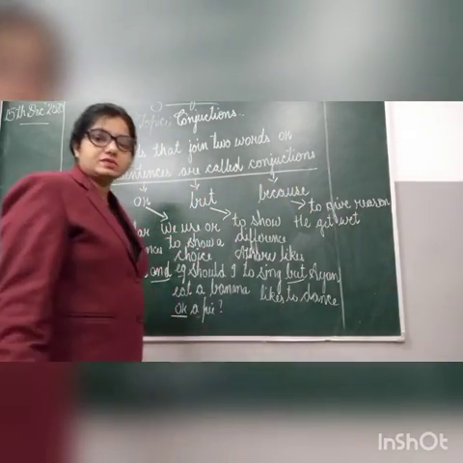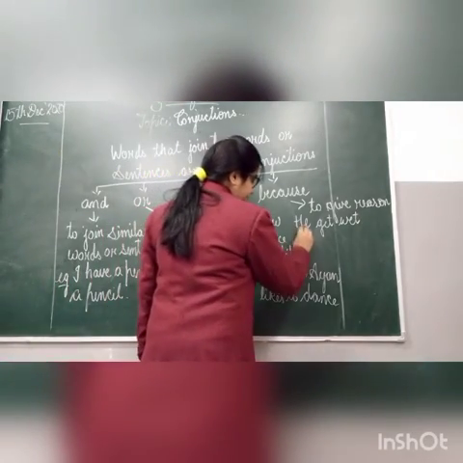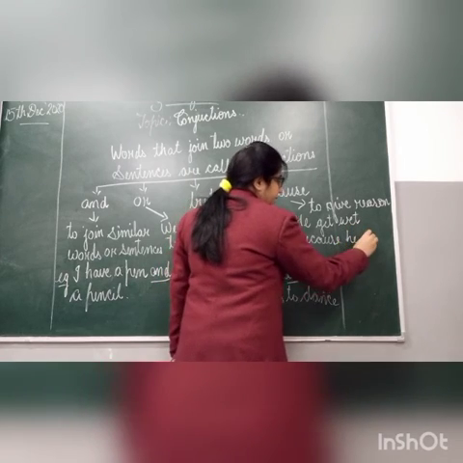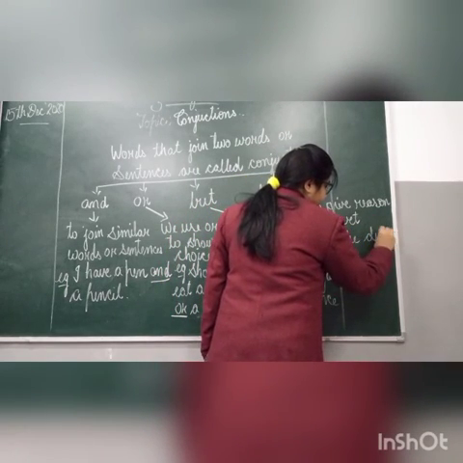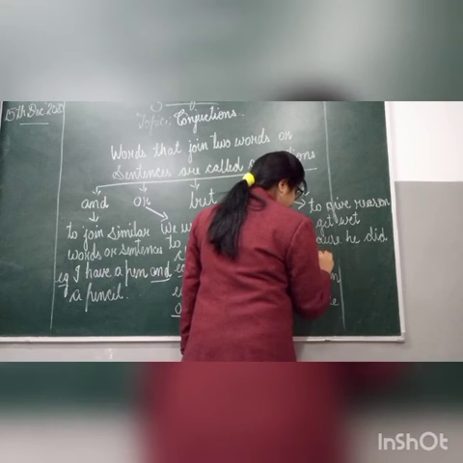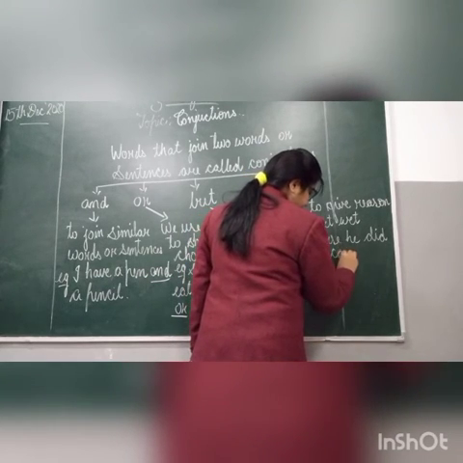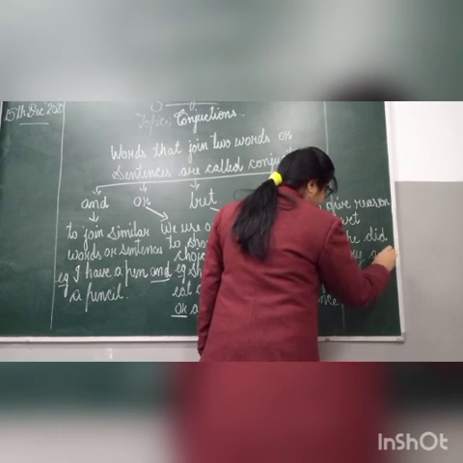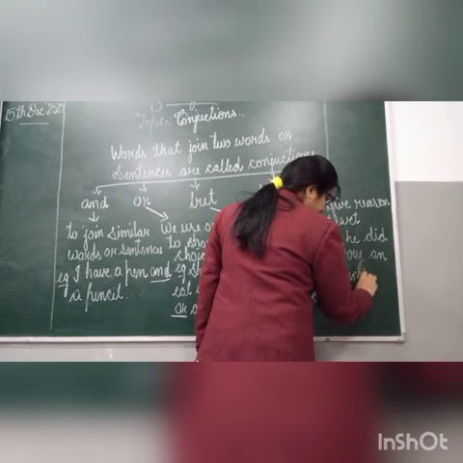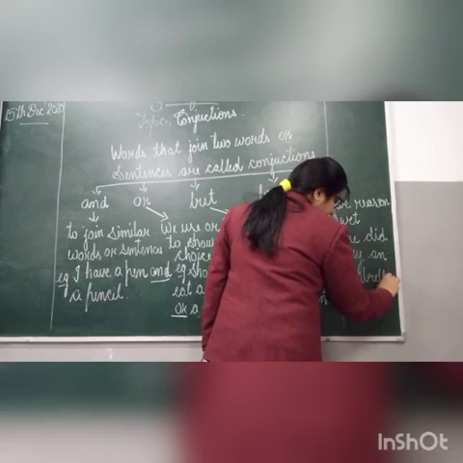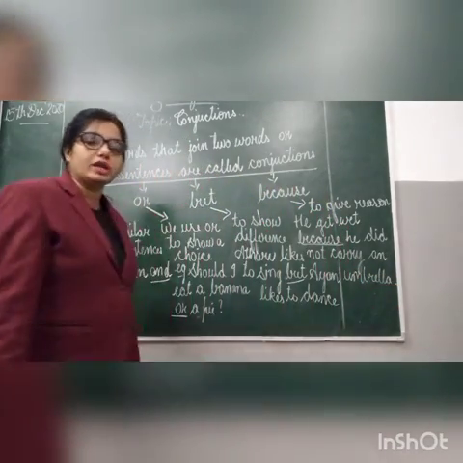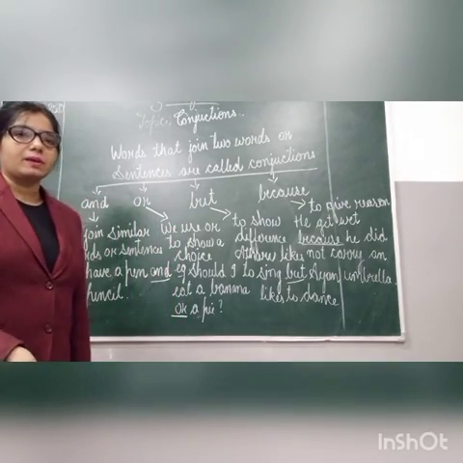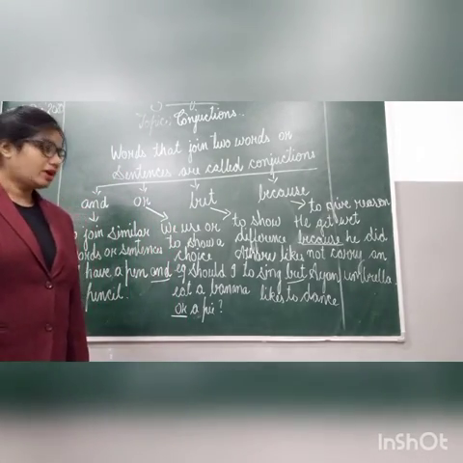He got wet means वो गीला हो गया. Why? Because he did not carry an umbrella. उसने umbrella carry नहीं किया था. And a teacher can ask, why are you late today? So you can tell, I am late because I missed my bus, right?